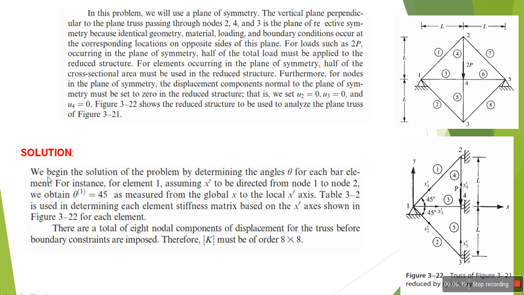Now we begin the solution of the problem by determining the angle theta of each bar element.